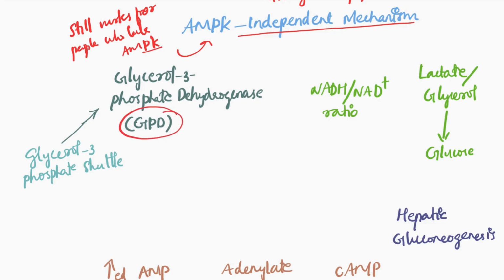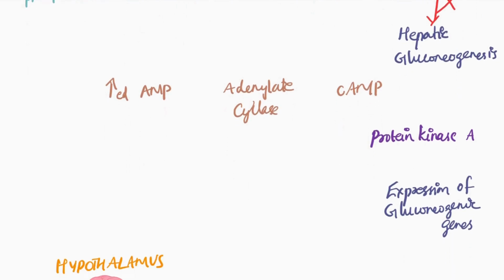It does this mainly by inhibiting the mitochondrial GPD enzyme, which is a part of the glycerophosphate shuttle. So by inhibiting this particular enzyme, metformin alters the cytosolic redox state, that means increasing the NAD plus ratio, which leads to a reduced conversion of lactate or glycerol into glucose, and thereby suppressing the hepatic glucose synthesis through an AMPK independent pathway, as well as the increased AMP or adenosine monophosphate.